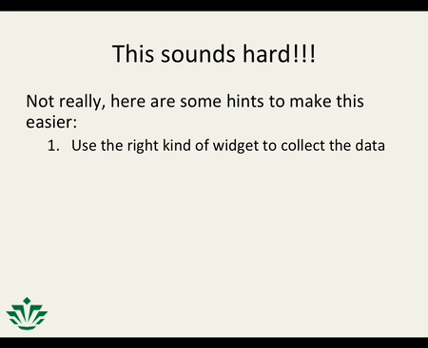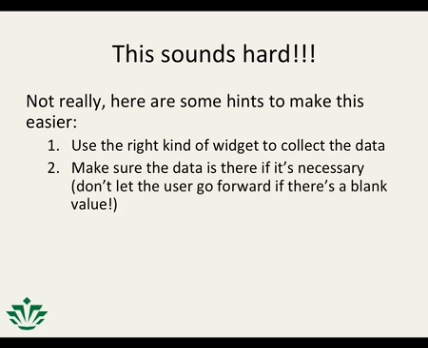Whenever possible, provide the user with a list of options to choose from rather than having them just write in free string text, because they'll make spelling mistakes, they'll have extra spaces that need to be parsed out, and they'll possibly write down options that are not valid. So by providing the right widget to collect the data, you can get way ahead of the game and make your input validation job so much easier.